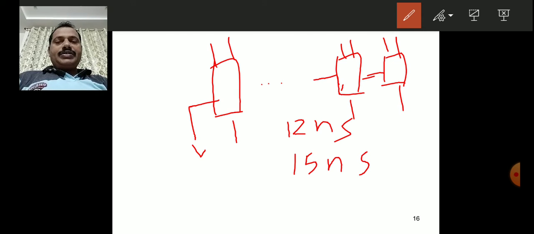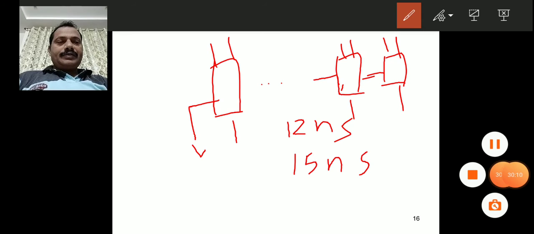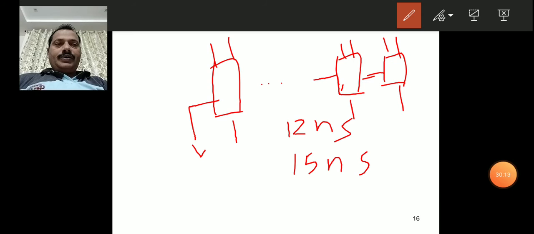So the worst case delay of this 16-bit parallel adder is that we know that full adder is a combinational circuit that performs the sum of 3 bits, that is add 2 bits and a carry from previous addition, and produces output as sum and carry.